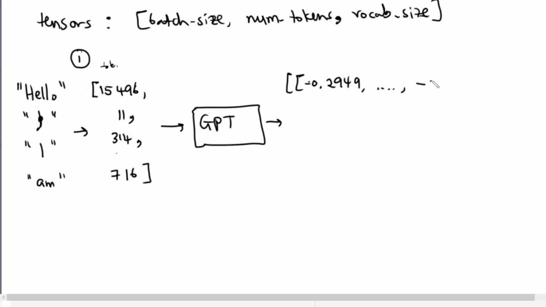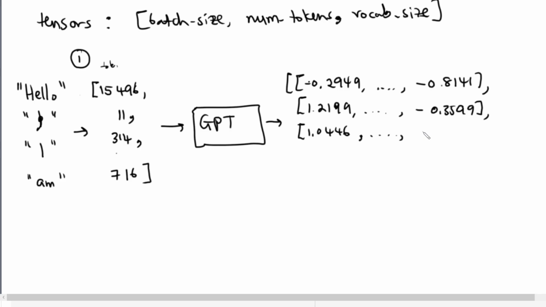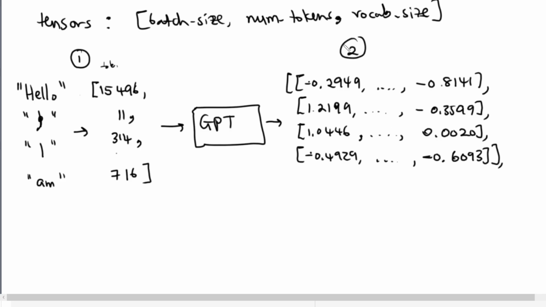So let's write them here: 1.2199 dot dot dot, minus 0.3599, then 1.0446, then 0.0020, then minus 0.4929, and it'll go all the way up to, let's just say, 0.6093. So this is the output. The second stage is the GPT model.